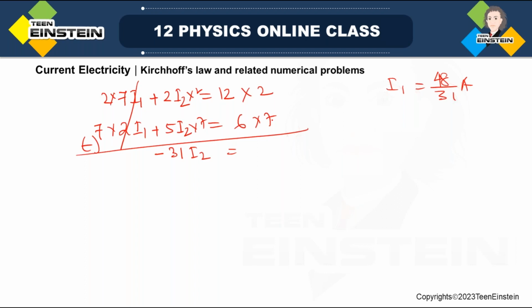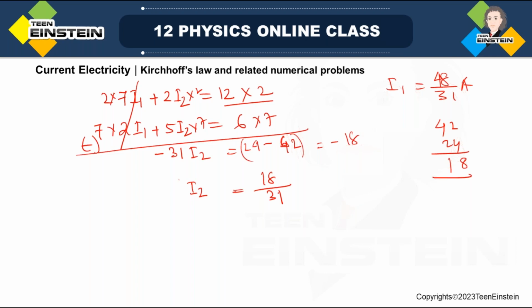So here it will be actually 24 minus of 28, I hope. Sorry, 18. So this is 18 minus 18. So I2 will be actually 18 by 31. This is the thing. So this is I2.